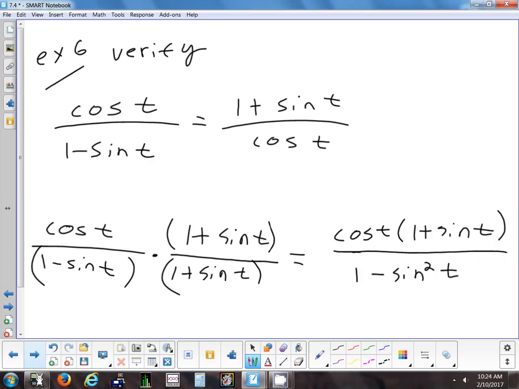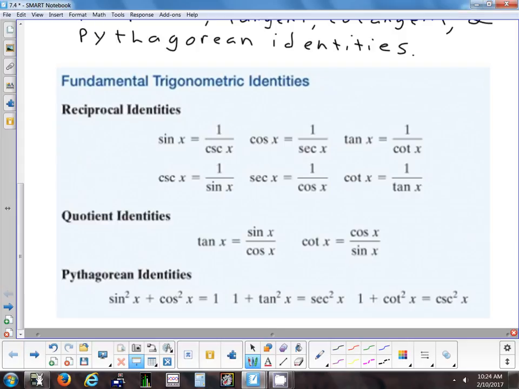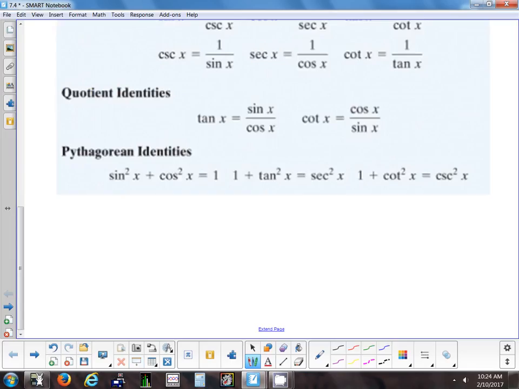Now, that isn't exactly something we had, but if you look at this, does anybody see what identity that 1 minus sine squared is similar to? The first one, sine squared plus cosine squared. Yeah.